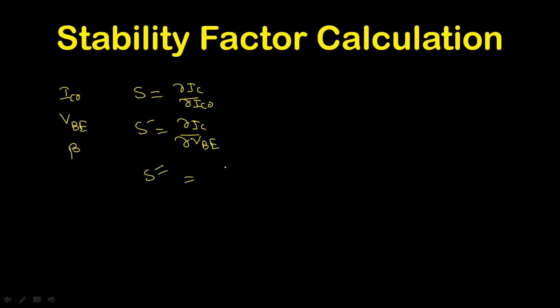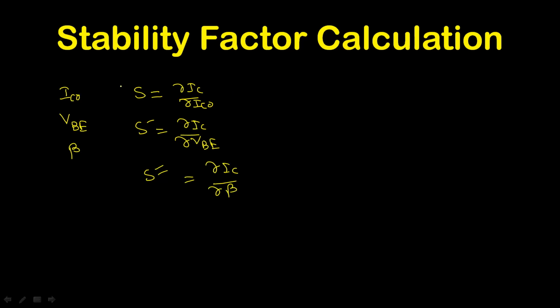One is leakage current, that is ICO. Second is the base emitter voltage drop, that is VBE, and third is the current gain, that is beta. So we have 3 stability factors, represented as S, that is del IC by del ICO, S dash, that is del IC by del VBE, and S double dash, that is del IC by del beta.